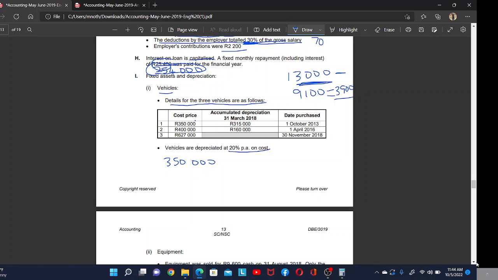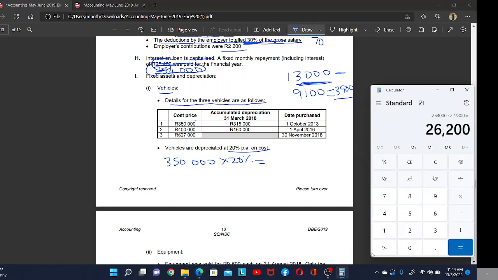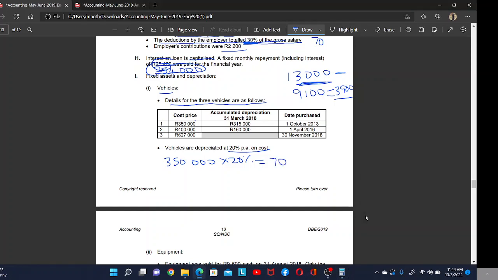So it's 20% per annum. 250 times 20% is equal to 70,000.